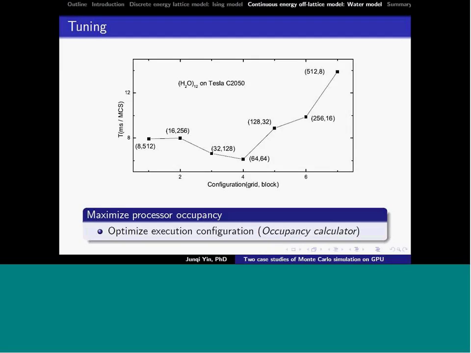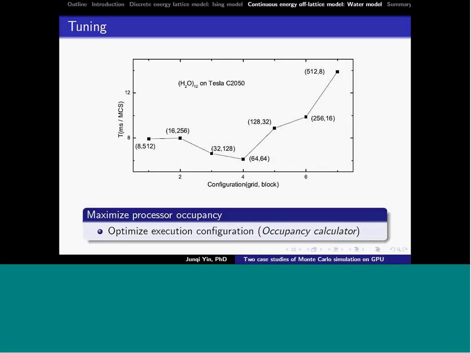To find the best optimization for this second code, there's a mapping of your thread block onto the hardware, so you can try different block sizes and different block configurations. You can use the occupancy calculator provided by CUDA to calculate the best occupancy.